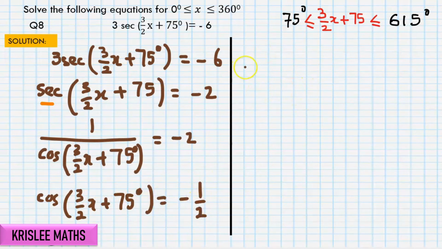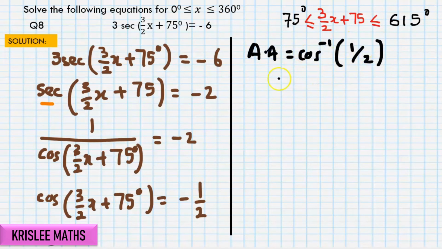Okay, now you can find the acute angle. So the acute angle will be shift cos of 1/2. Remember to take the positive value. Therefore, your theta now is 60 degrees. If you check the value here, it is negative.